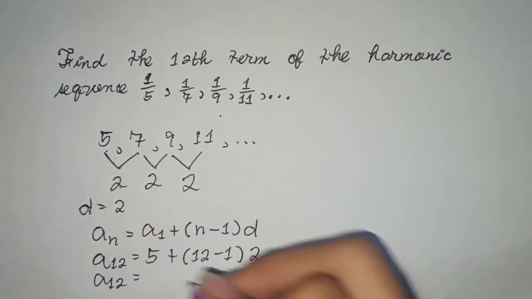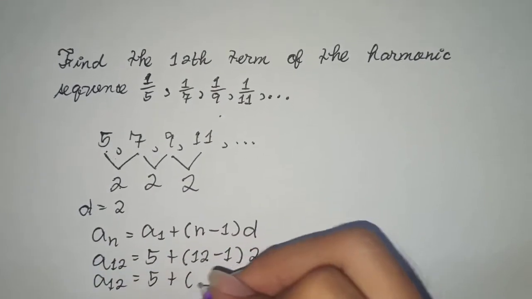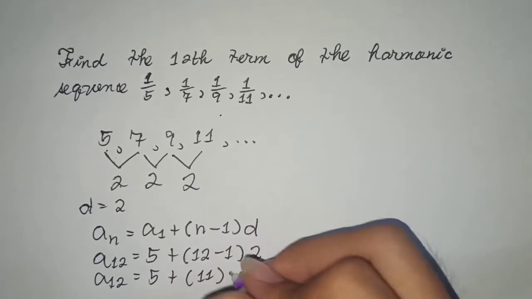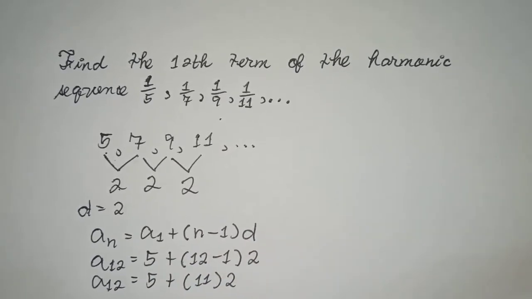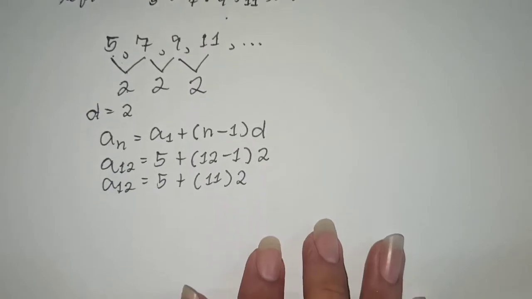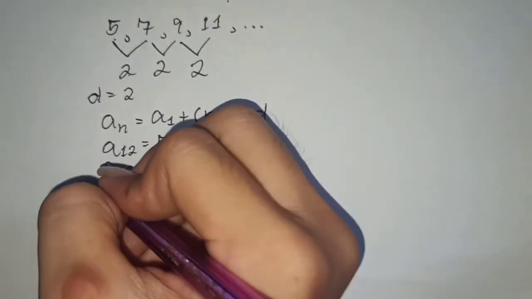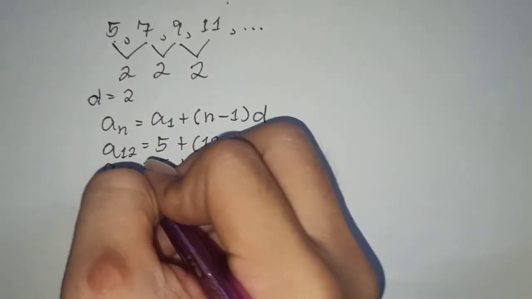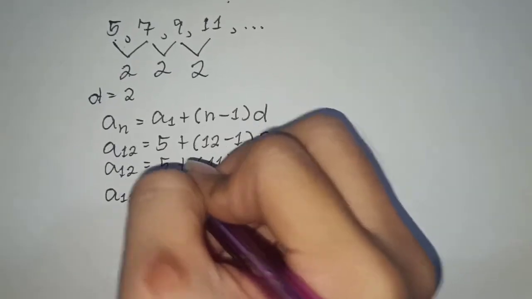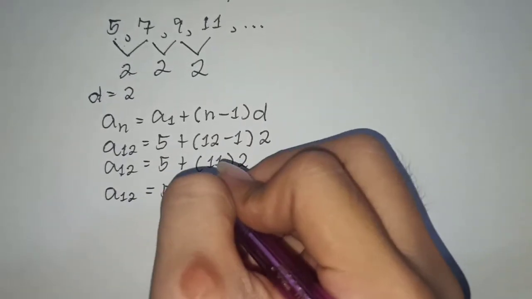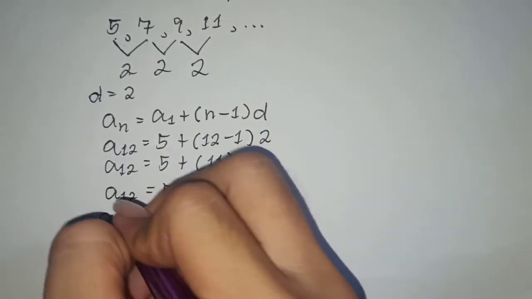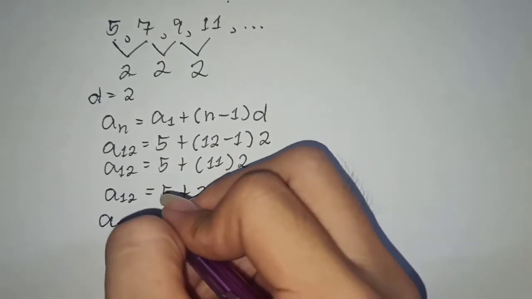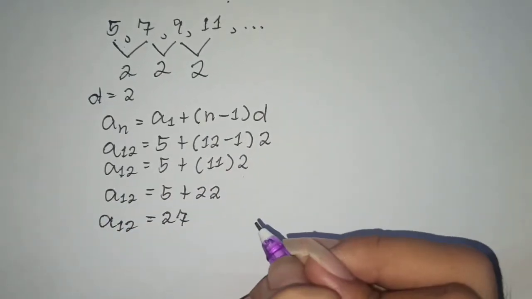So a sub 12 equals 5 plus 12 minus 1 is 11, then times 2. We have a sub 12 equals 5 plus 11 times 2 is 22. A sub 12 equals 5 plus 22 is 27.